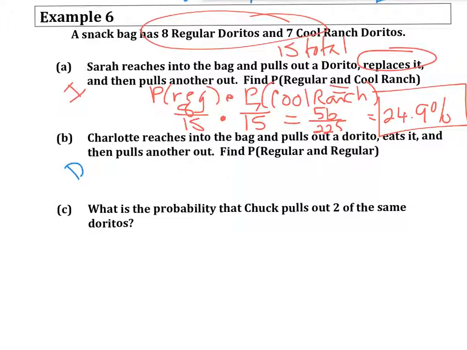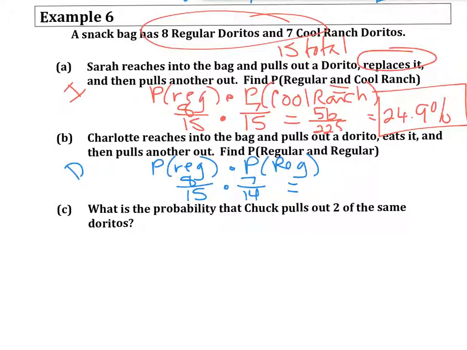So we're looking for the probability that the first one was regular, and then that the second one was regular after the first one was already selected. So the first one being regular is still going to be 8/15. But the second one being regular will only be 7/14 because she's already eaten one regular, which means the total is affected and her favorable outcomes is affected.